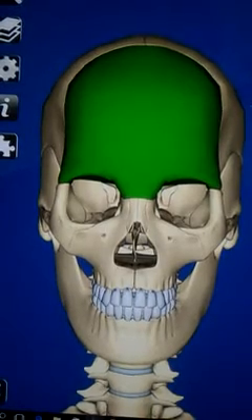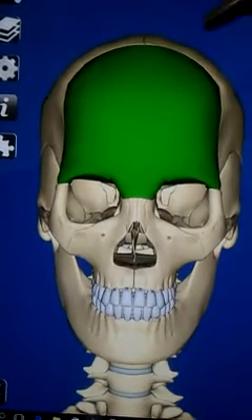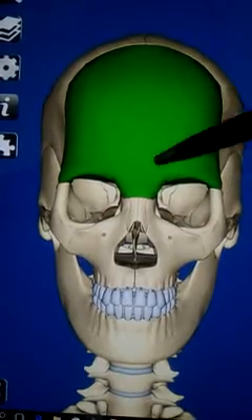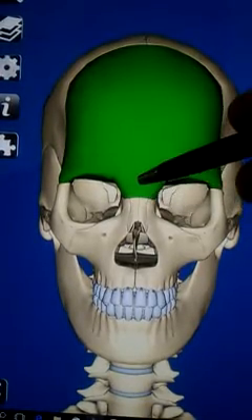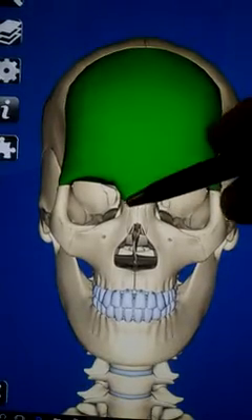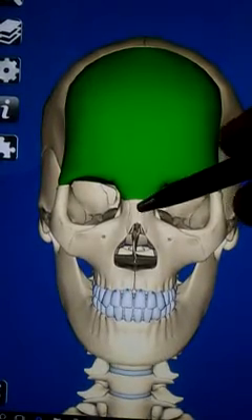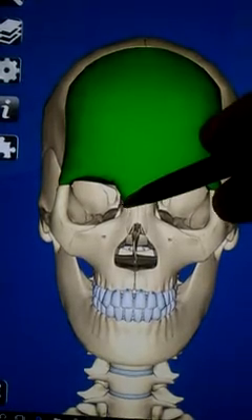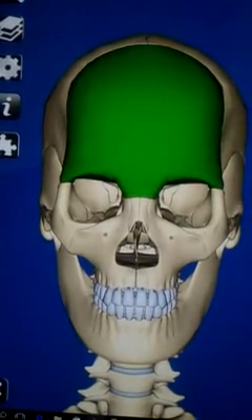The forehead part is formed by the commonest part of the frontal bone, the colored part you can see here. The frontal bone articulates with the pair of nasal bones on either side of the median plane, and is attached to these nasal bones and the frontal process of maxilla by the frontonasal suture.